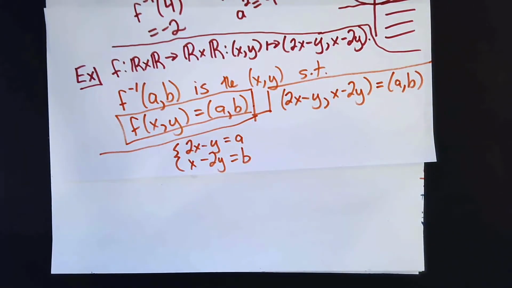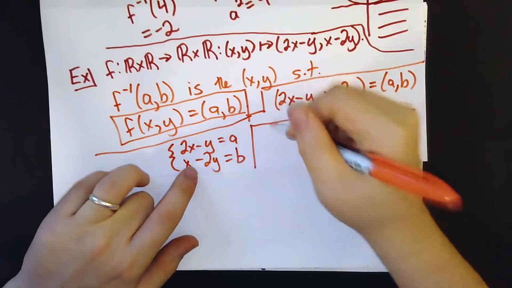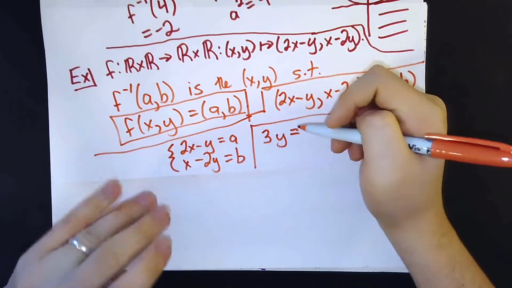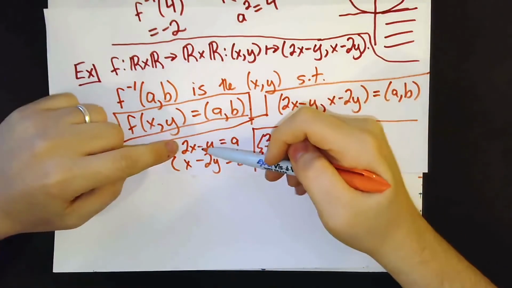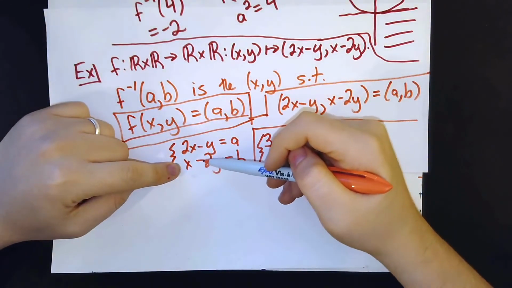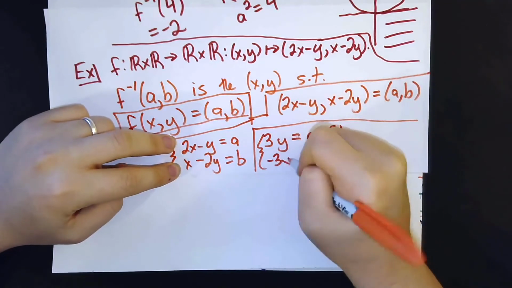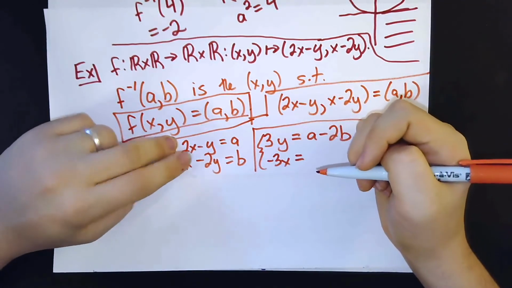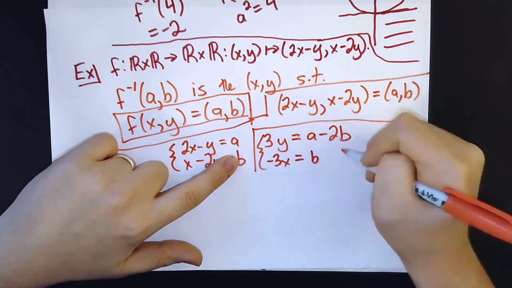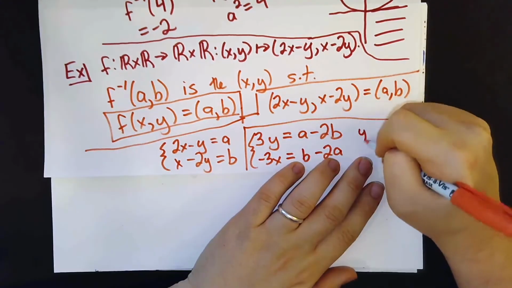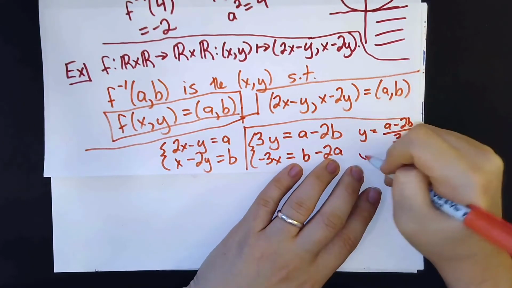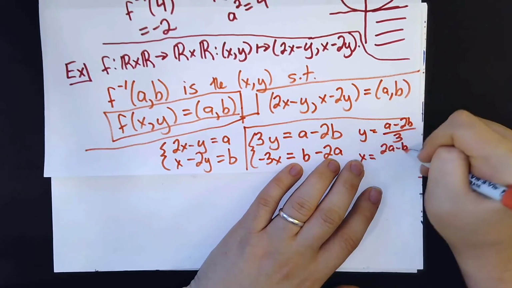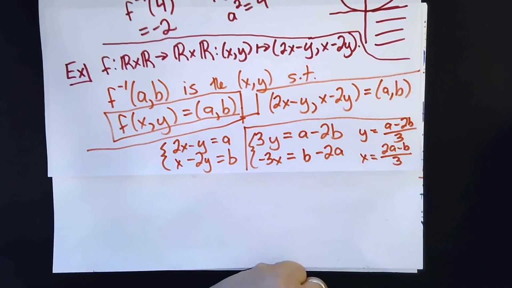And so I will subtract twice the second equation from the first equation, which will give me 3y equals a minus 2b. Likewise, I'll subtract twice the first equation from the second equation, which will give me minus 3x is equal to, those parts cancel, b minus 2a. So that will give me y is equal to (a minus 2b) over 3, and this will give me x equals (2a minus b) over 3.